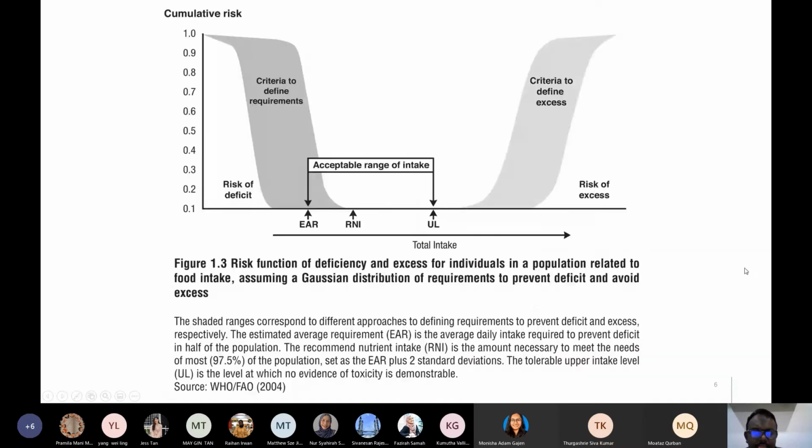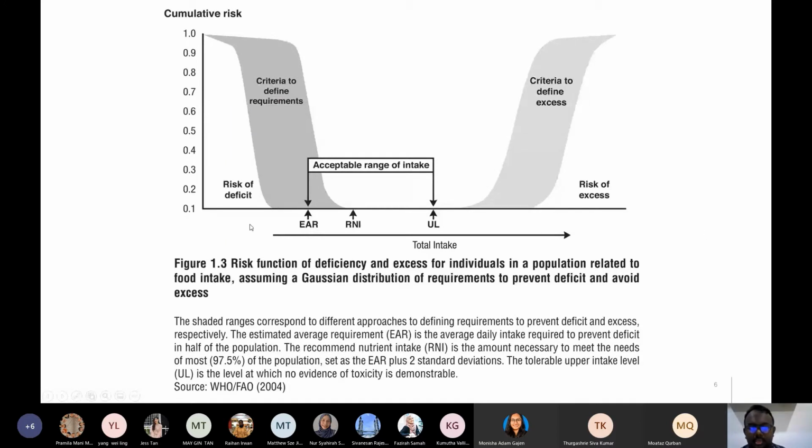And this graph shows the risk function of deficiency and excess for individuals in a population related to food intake, assuming a Gaussian distribution of requirement to prevent deficit and avoid excess. So we can see that these are the criteria to define requirement. And this is the risk of deficit, a risk of excess. The y-axis is total intake.